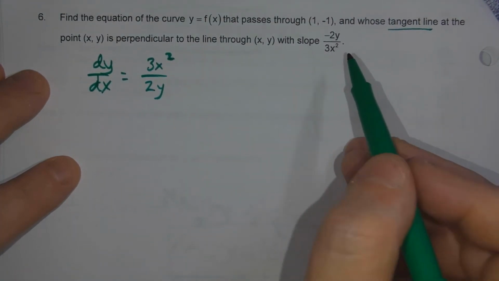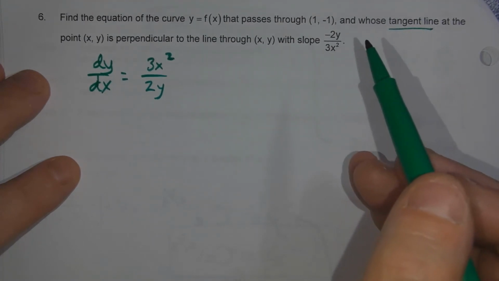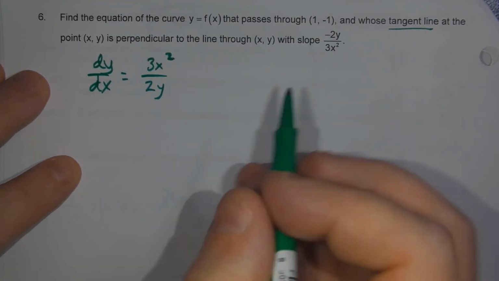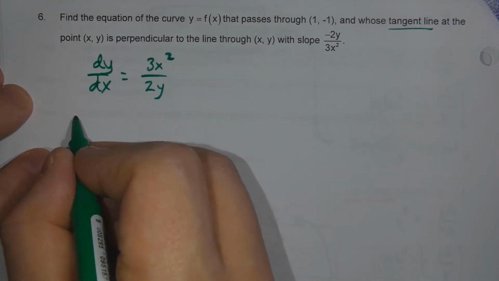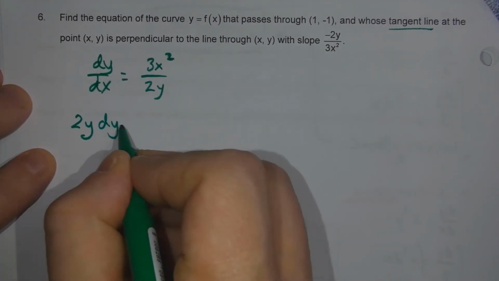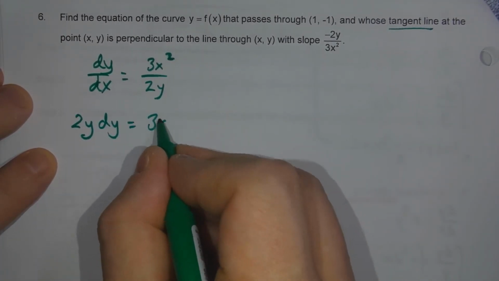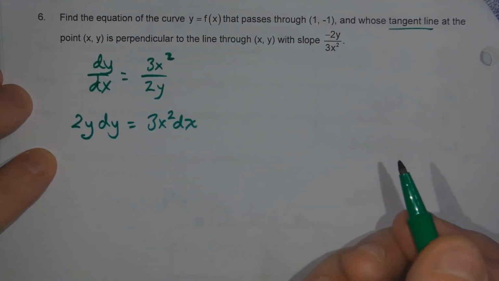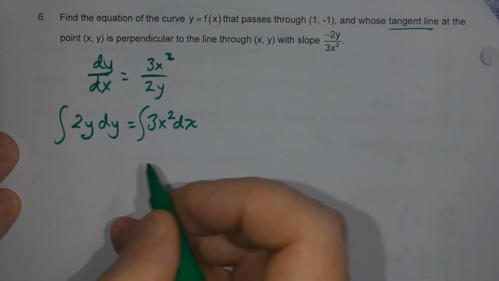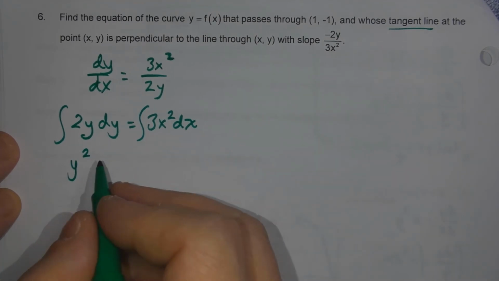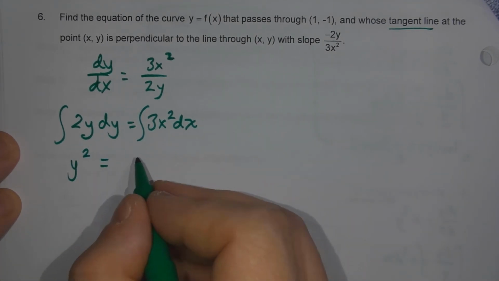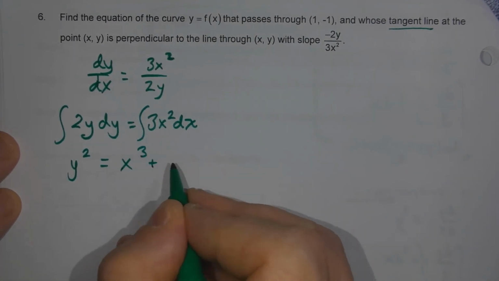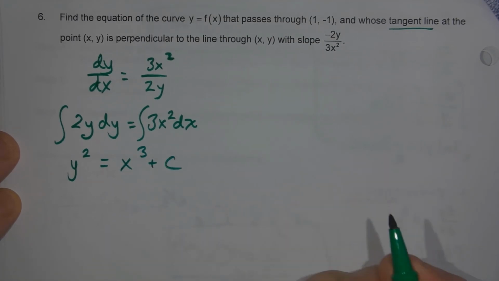The negative reciprocal of this provided slope. Okay, now separate the variables. So 2y dy equals 3x squared dx. Integrate both sides. y squared equals x cubed plus c.